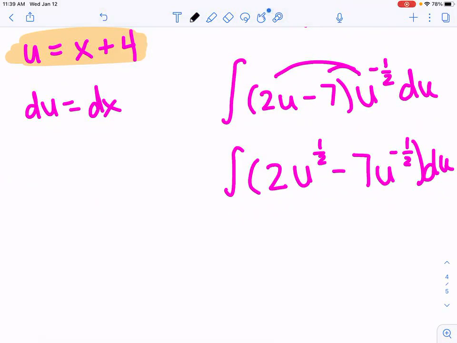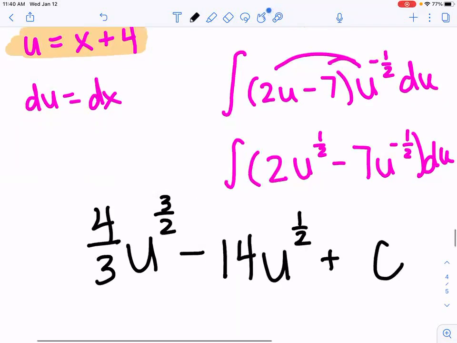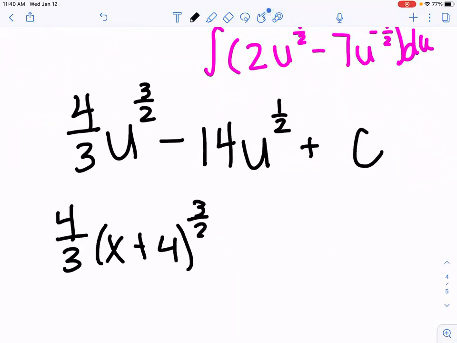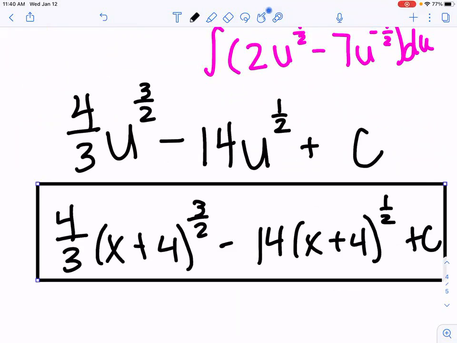So our antiderivative is u to the 3/2 times 2/3 times 2 minus u to the 1/2 times 2 times 7 plus c. Then we change u's to x plus 4s. Voila.